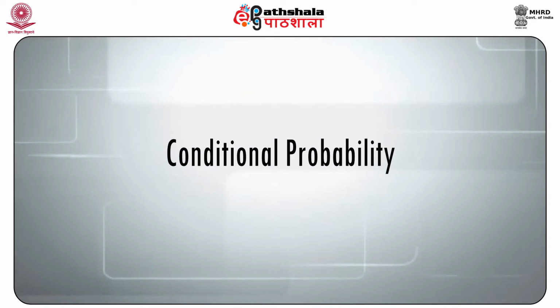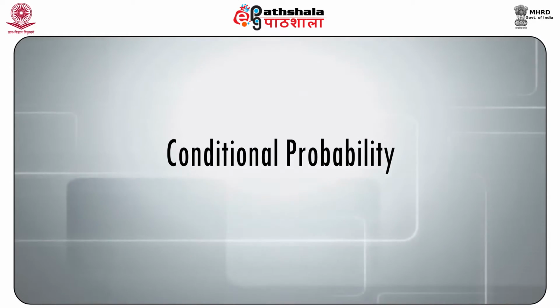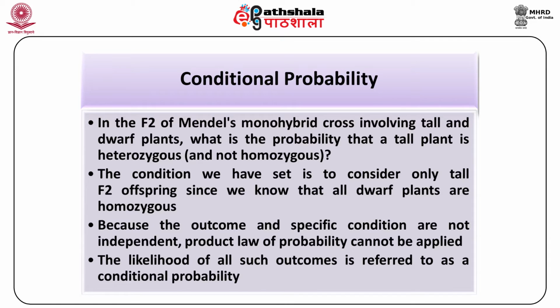The third parameter is the conditional probability, used to calculate the probability of an outcome that is dependent on a specific condition related to that outcome. For example, in the F2 or filial 2 generation of Mendel's monohybrid cross involving tall and dwarf plants, what is the probability that a tall plant is heterozygous and not homozygous?